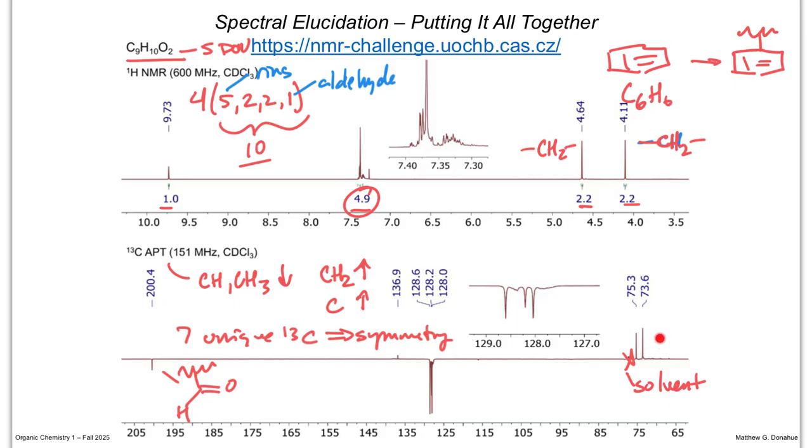That's confirmed by this phasing in the APT spectrum. So now we have benzene ring, methylene, methylene, and aldehyde. So how do we connect those things? Number 1, so that you end up with signals in that region. And number 2, they have no neighbors.